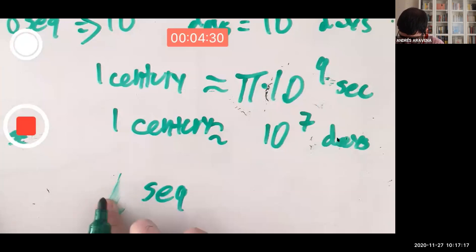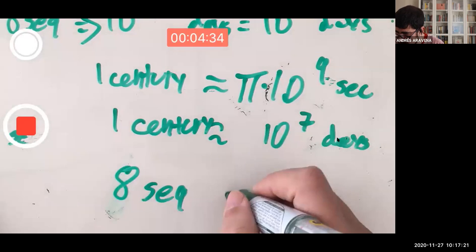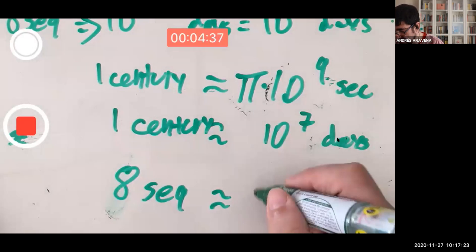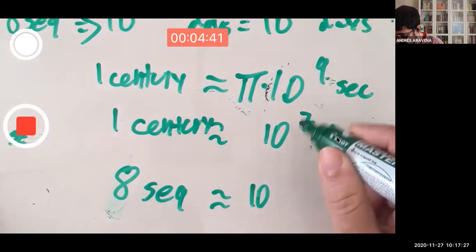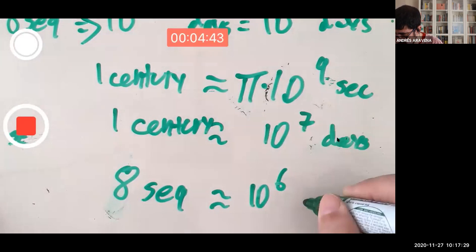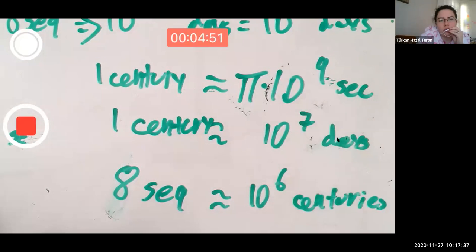Let's draw one, I said 8. 8 sequences require something like 10 to the power of, what is this? 6 days. No, centuries. No, 1 million. Million centuries?